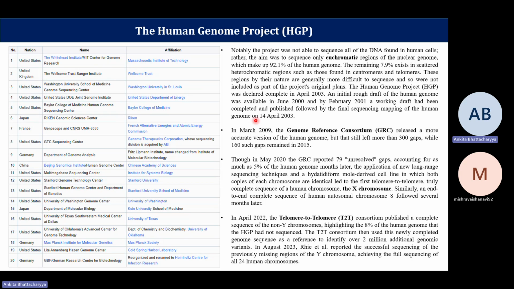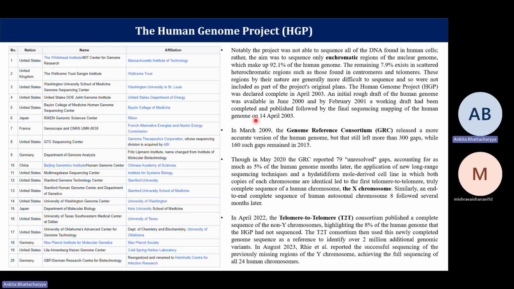Then in April 2022, the telomere-to-telomere T2T consortium published a complete sequence of the non-Y chromosomes, highlighting the 8% of the human genome that the HGP had not sequenced. The T2T consortium used this as the reference to identify 2 million additional genomic variants. So imagine just ignoring some part of the genome, leading to us missing out on so much information.